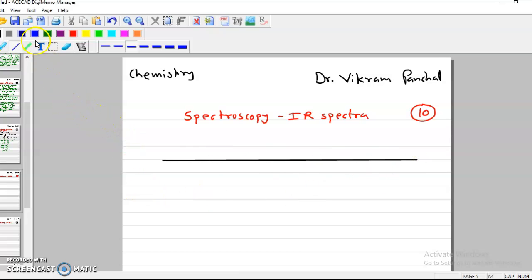On the x-axis we will have frequency or wave number, which will be in centimeter inverse, and the range is from 4000 centimeter inverse to 660 centimeter inverse. Normally a graph shows a peak, but in infrared it is not a peak.